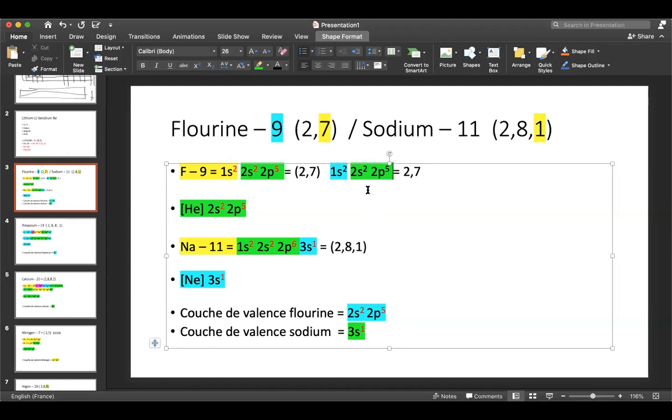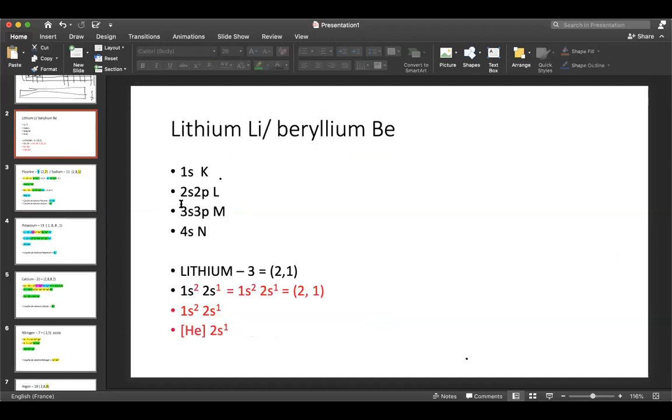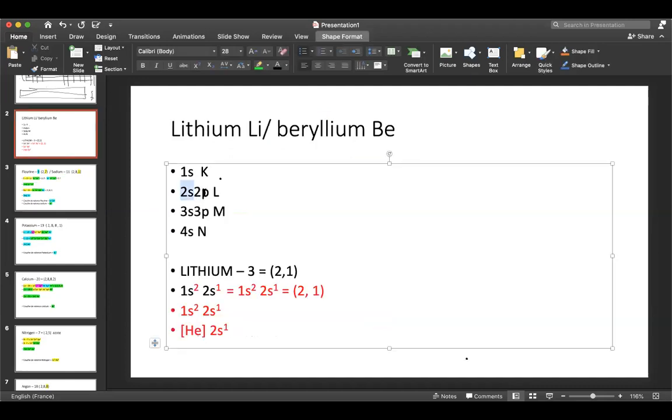Now, I also stated that the valency shell will be the one at the far end. Now, we are saying that this here you're seeing, 2s, 2p, is a shell, and its name is called L. The 3s, 3p you are seeing here is called M. So M, in other words, is made up of 2 subatomic shells.